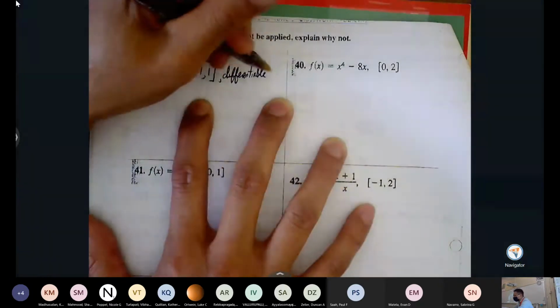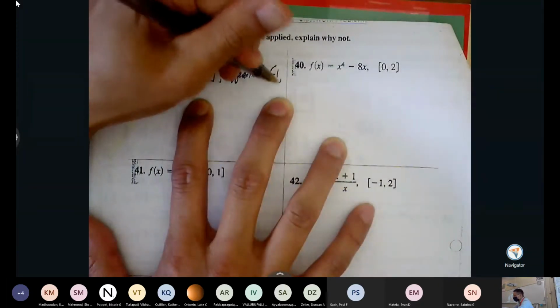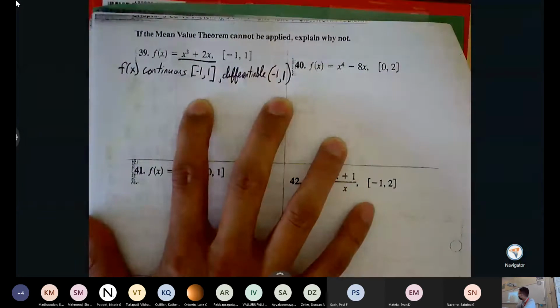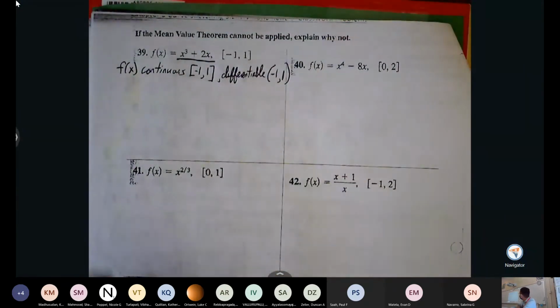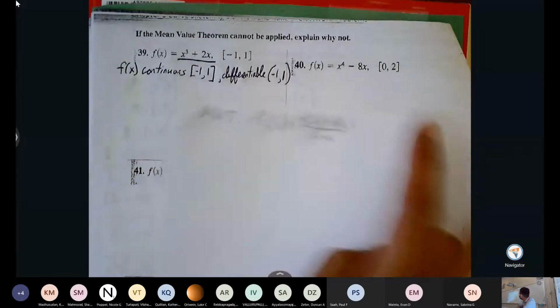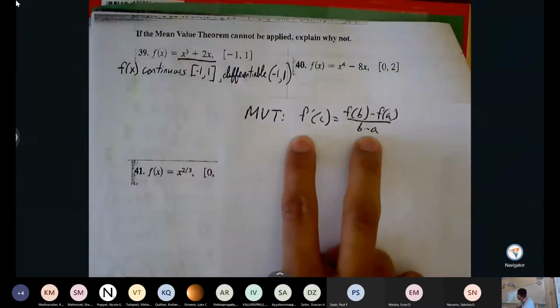Brackets for continuity, parentheses for differentiability. Nothing to worry about with continuity and differentiability, so we can jump directly to our formula.